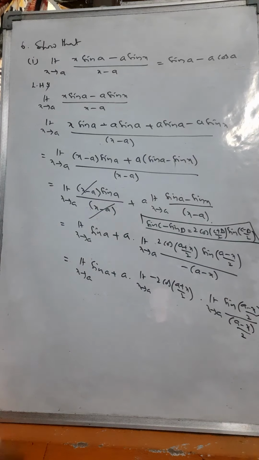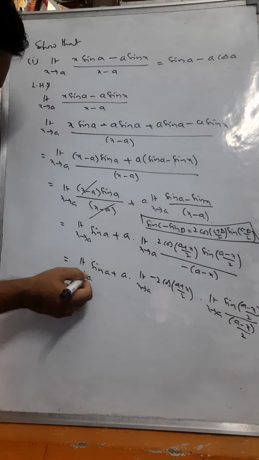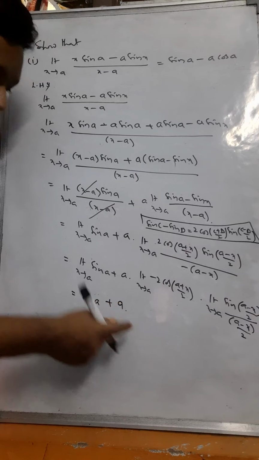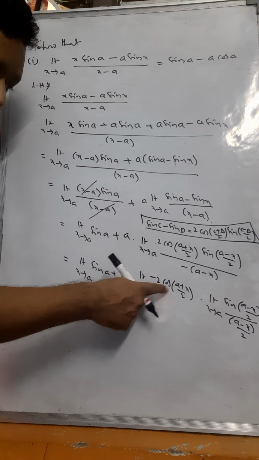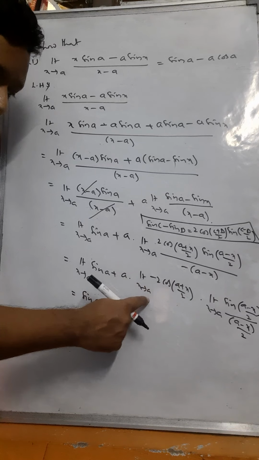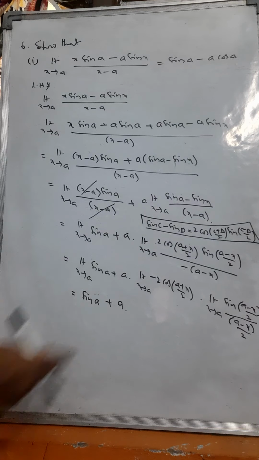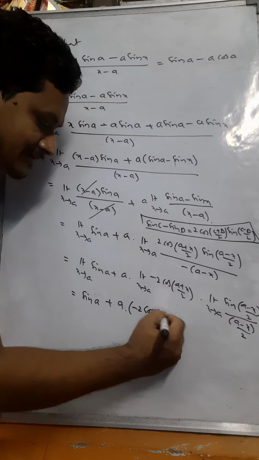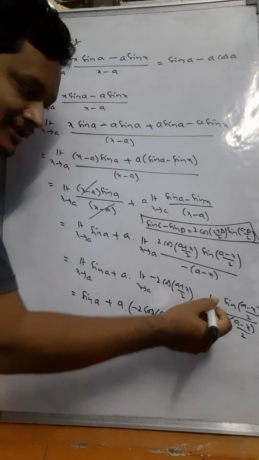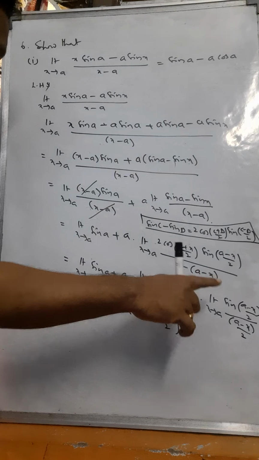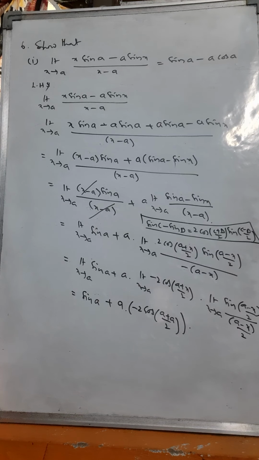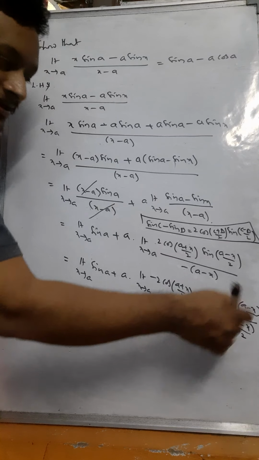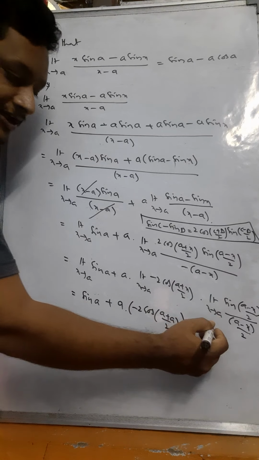The limit of cos((a plus x) by 2) we can evaluate by putting x equal to a directly, so we get minus 2 cos((a plus a) by 2). Here limit x tends to a of sin((a minus x) by 2) by ((a minus x) by 2) is equal to 1. It is a standard limit, so it becomes 1 into 1 by 2.